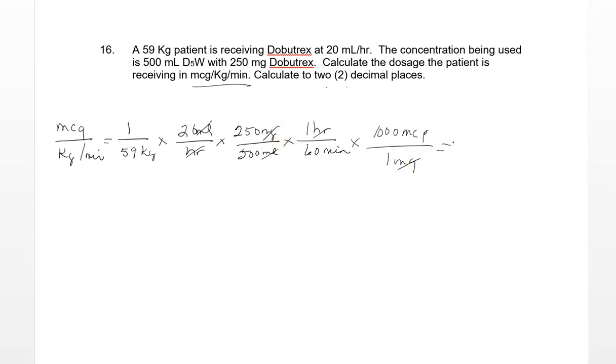Now we just need to reduce down. The 5 will go into 1,000 2 times. I can get rid of this 20 and the 60 to 3. Can I get rid of anything else here? 59 won't go into 250.